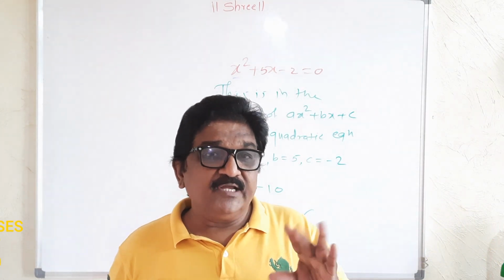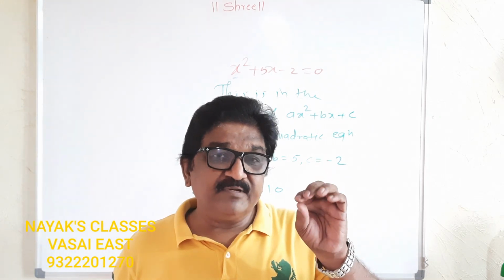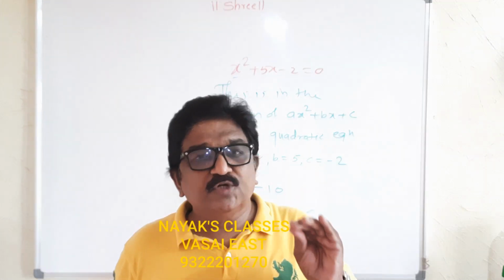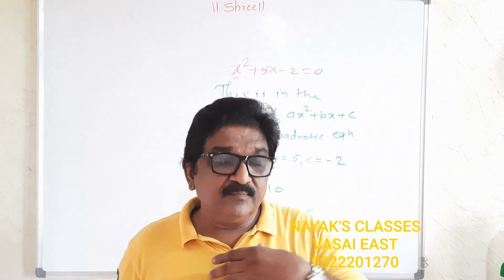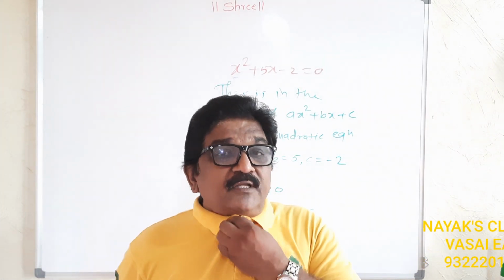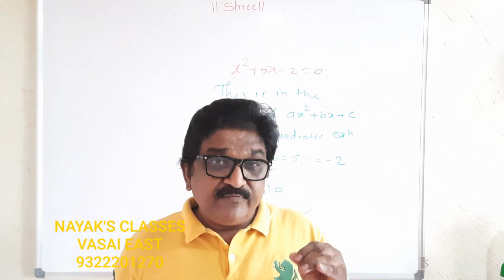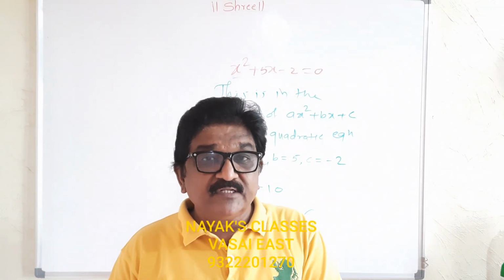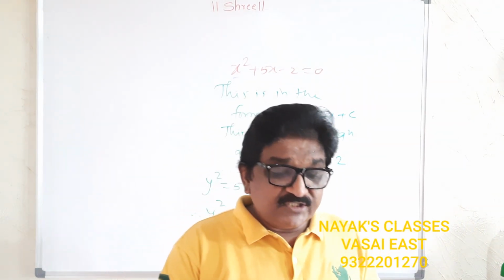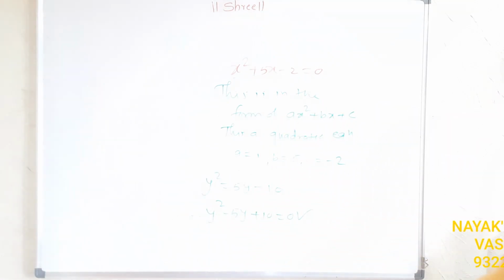We got the idea. The degree must be 2, the degree must not be negative, and the first term should not have 0 as the coefficient. So let us see which are not quadratic equations and why.